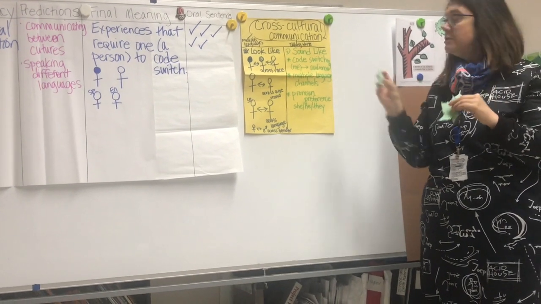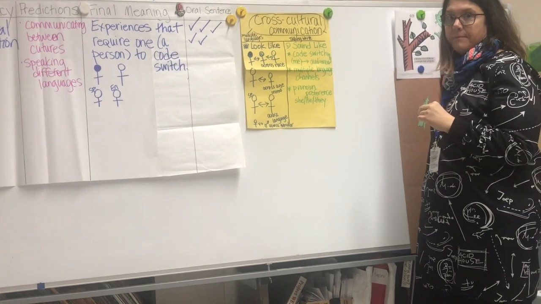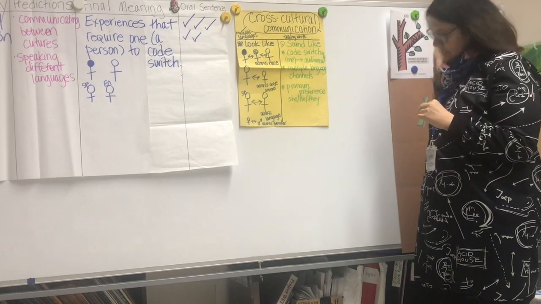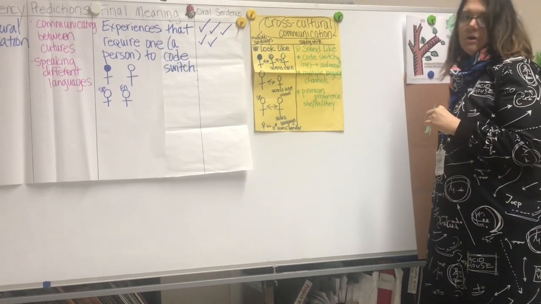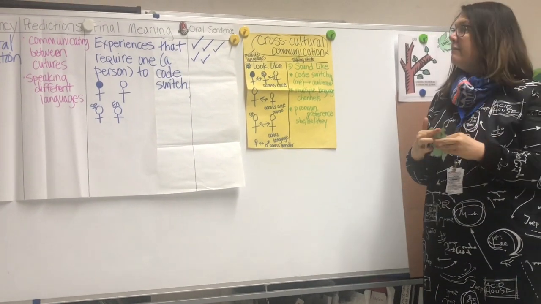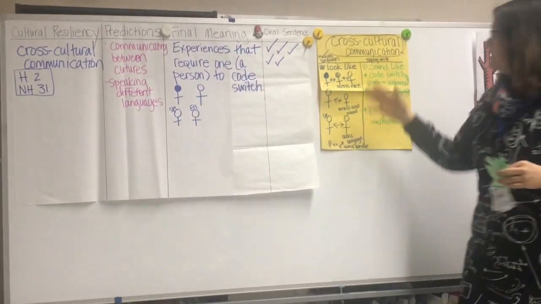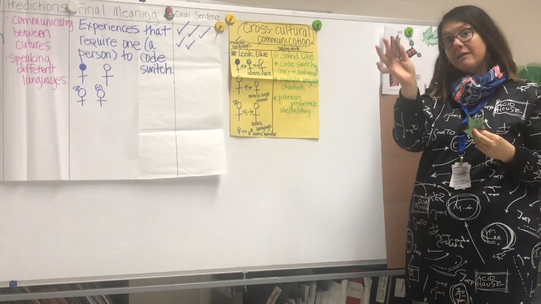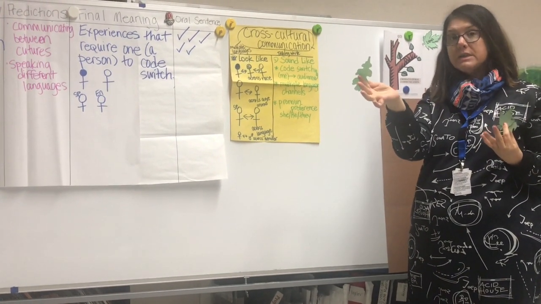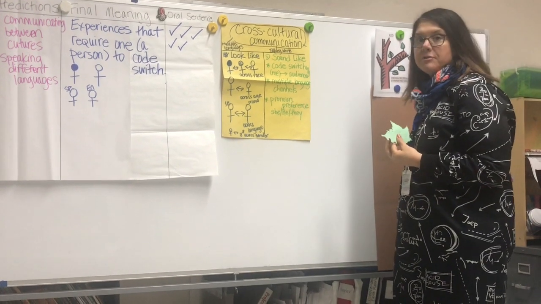So in that sense, it's an individual recognition that I'm going to put on the tree. And you're using this as an oral strategy because they do not get the leaf until they tell you what they did. Exactly. So then we're having to use oral language. We're having to talk about cross-cultural communication, having to think about how I used it. And if you can do all of that and give it to me in an oral response, a leaf goes up on the tree in your name.